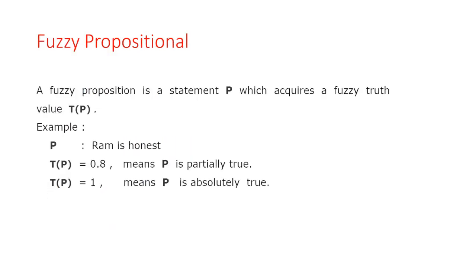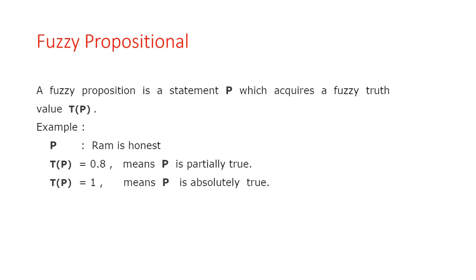Fuzzy proposition. A fuzzy proposition is a statement P. We have considered one statement, that is P, which acquires a fuzzy truth value. We denote the fuzzy truth value T(P), the truth value of statement P. For example, P equals Ram is honest.